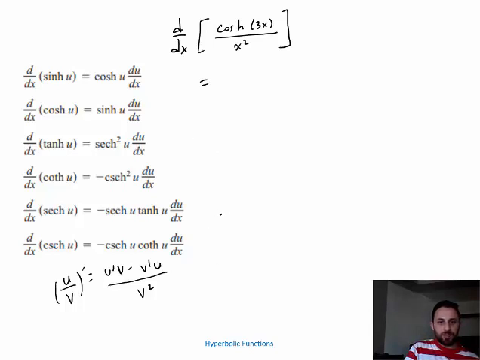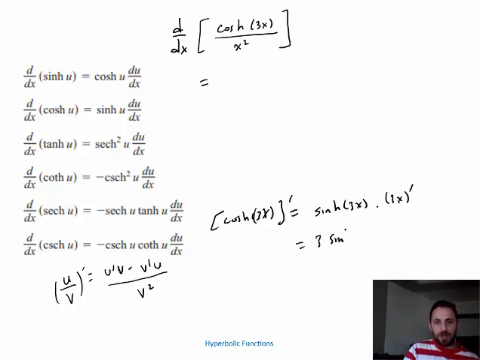The derivative of cosh 3x is sinh 3x multiplied by the derivative of 3x, which is 3 sinh 3x.